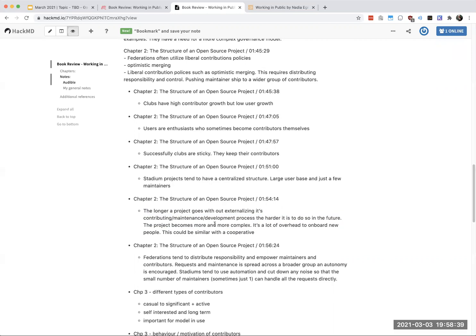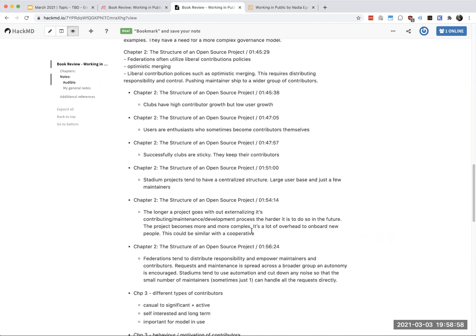And it becomes more complex for anyone to come in and become a contributor in a stadium style, because you internalize versus externalize and open up your process. But for federations or decentralized, you must do it to be able to bring them in.